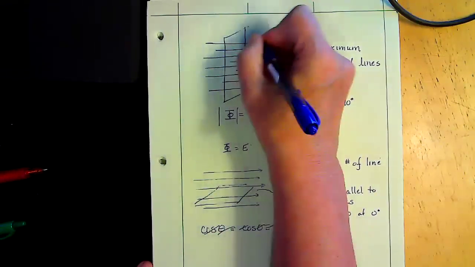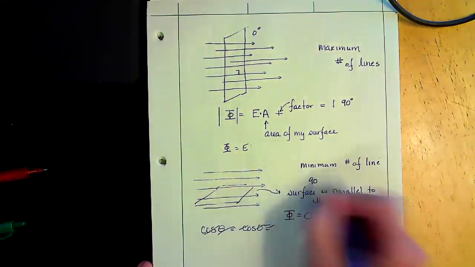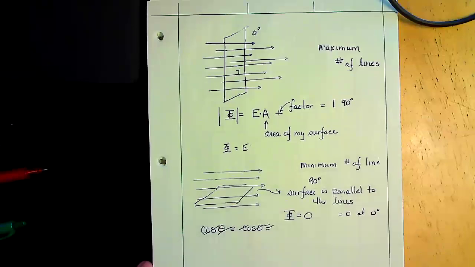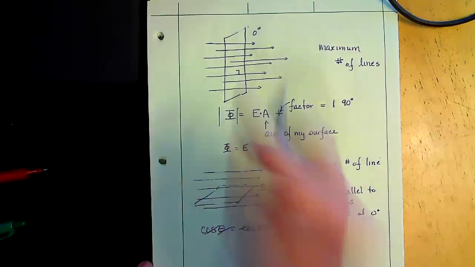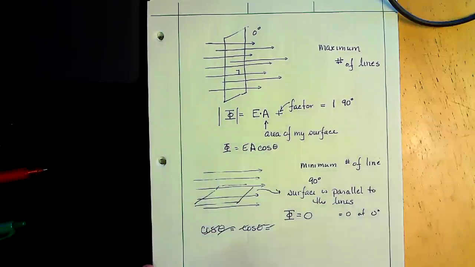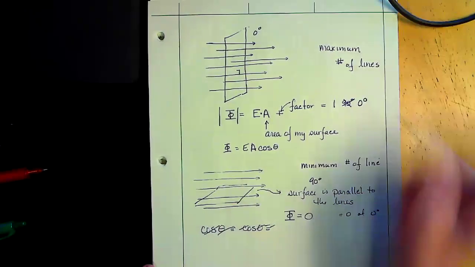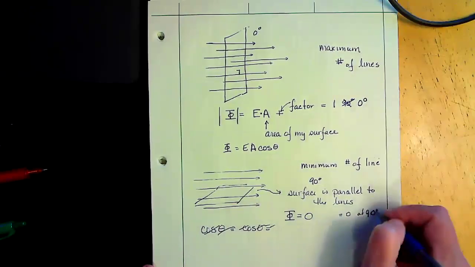This is where I'm going to be at 0 degrees, and this is where I'm at 90 degrees. That's where I got my confusion here. So that's where we get the area, because I want my cosine of my angle. And this is equal to 0 degrees, and this is equal to 90 degrees.